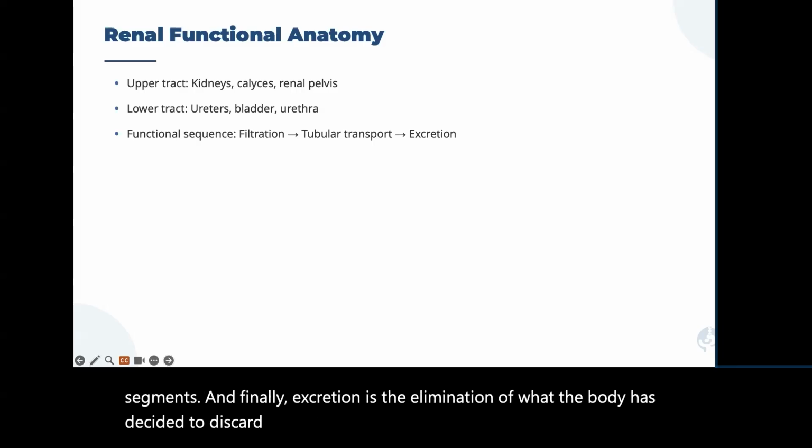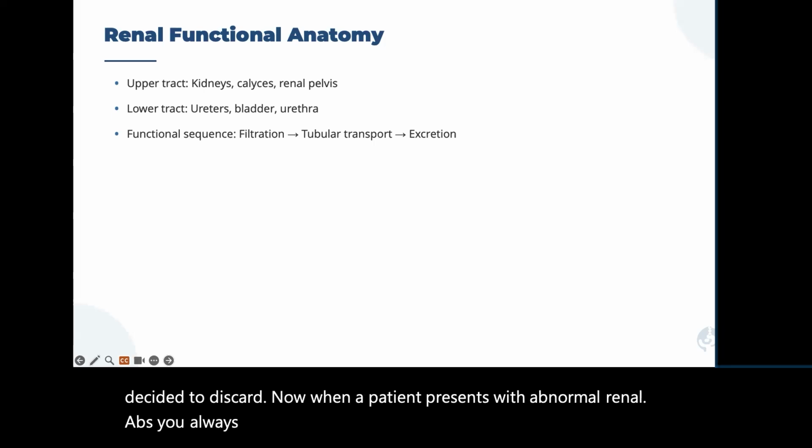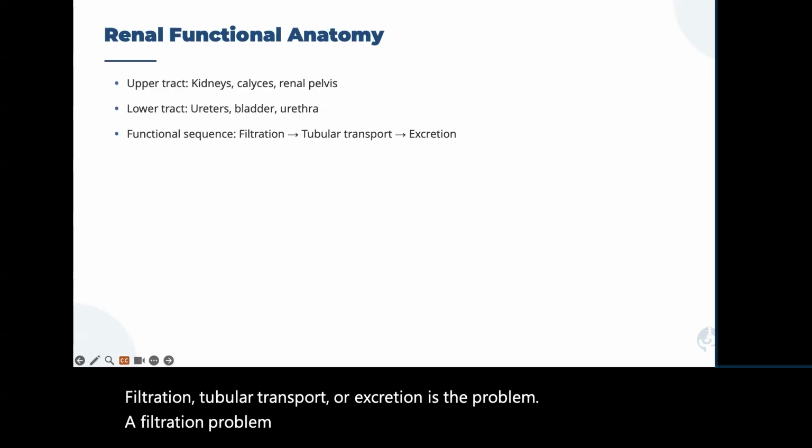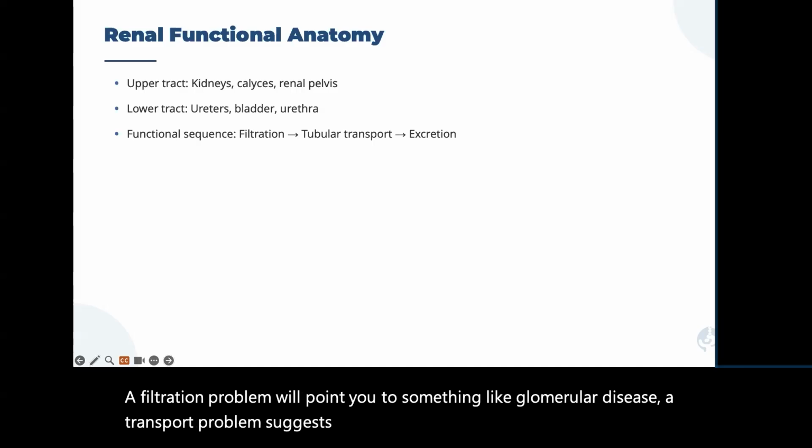Now, when a patient presents with abnormal renal labs, you always have to start asking where in this sequence, filtration, tubular transport, or excretion, is the problem. A filtration problem will point you to something like glomerular disease. A transport problem suggests tubulointerstitial dysfunction.